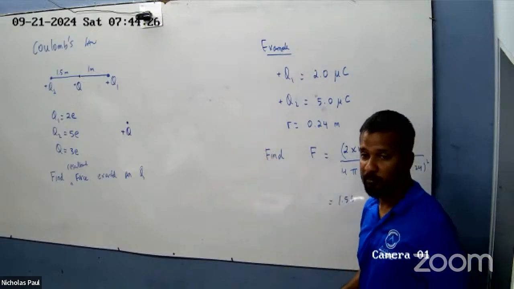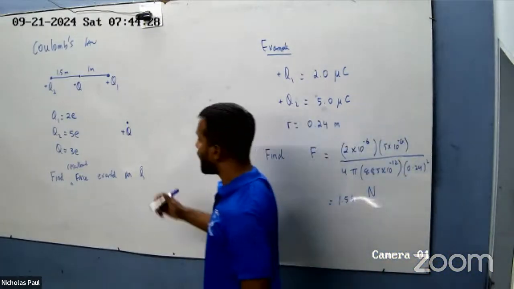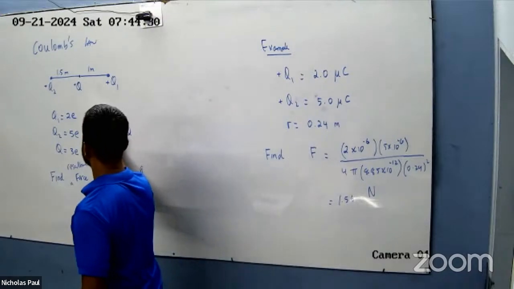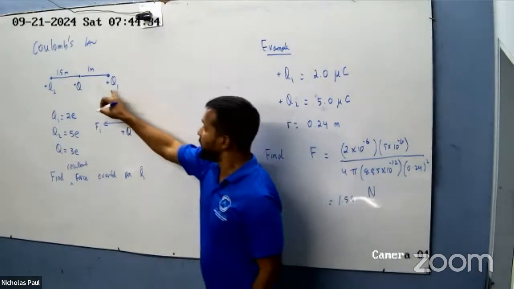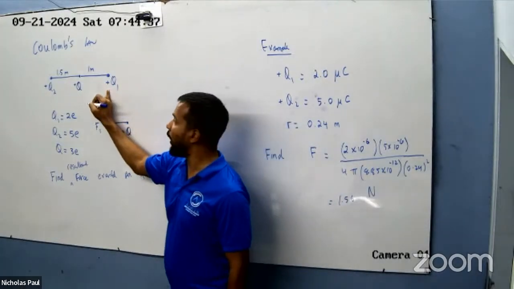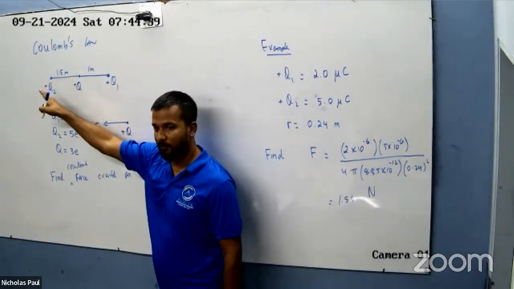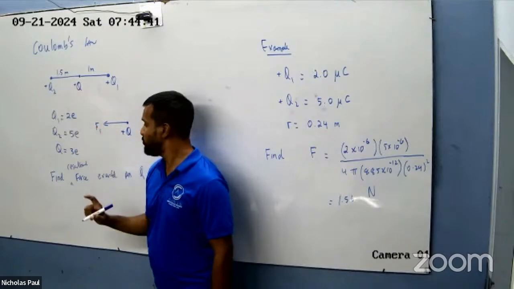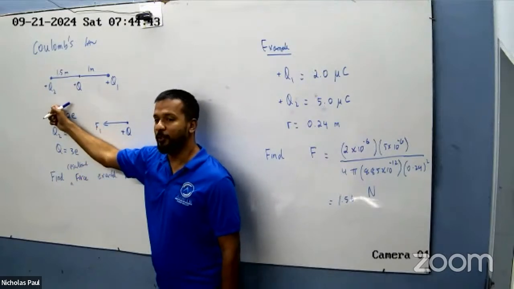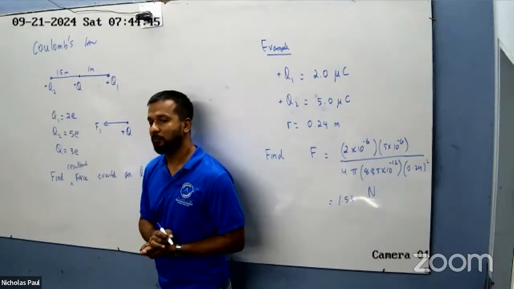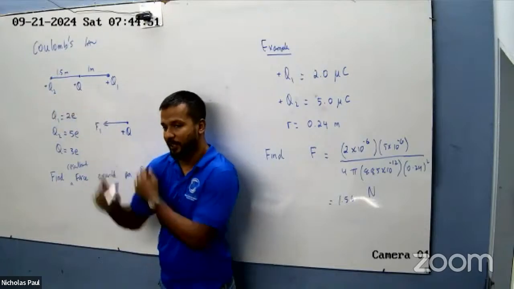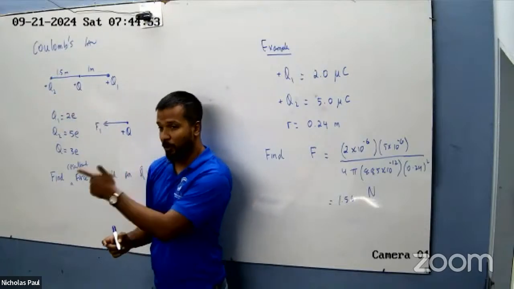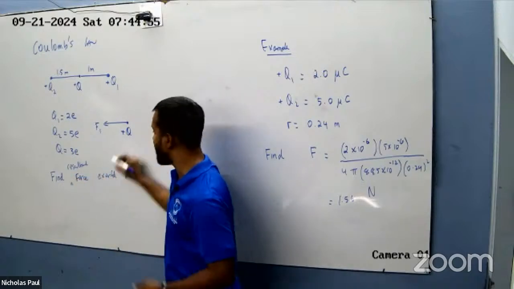Q1 will push Q away. What will Q2 do? Q2 is positive, so what will it do to this charge here? Towards me, right?